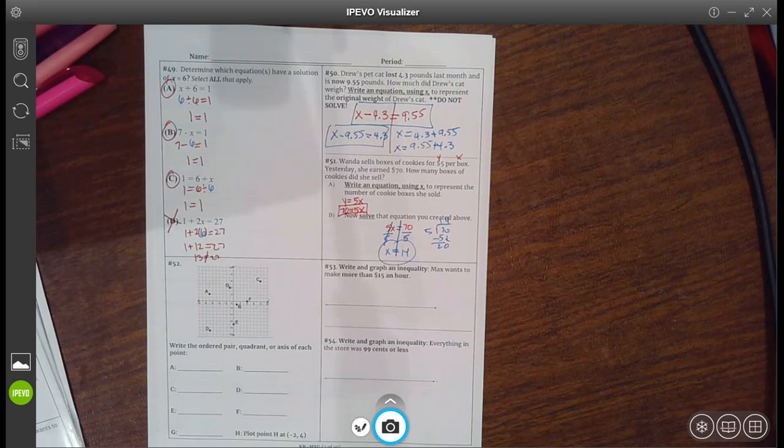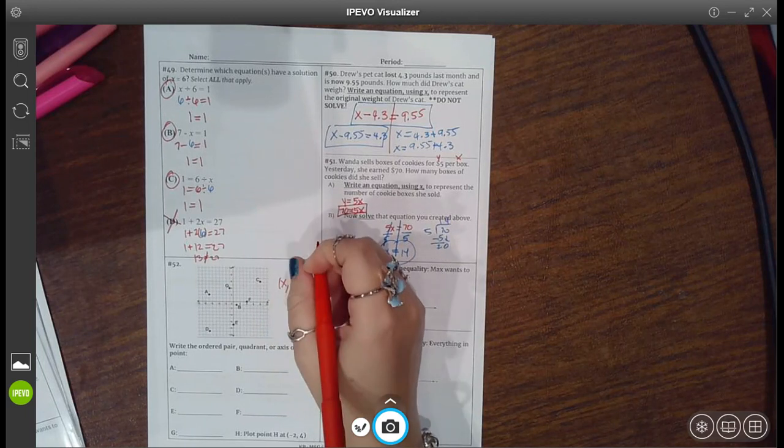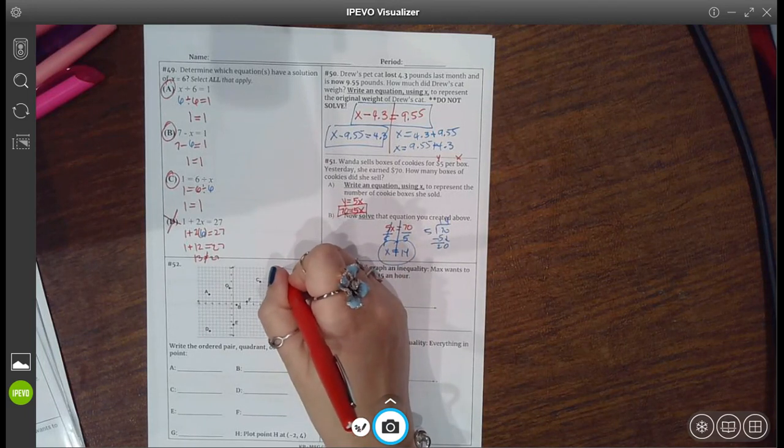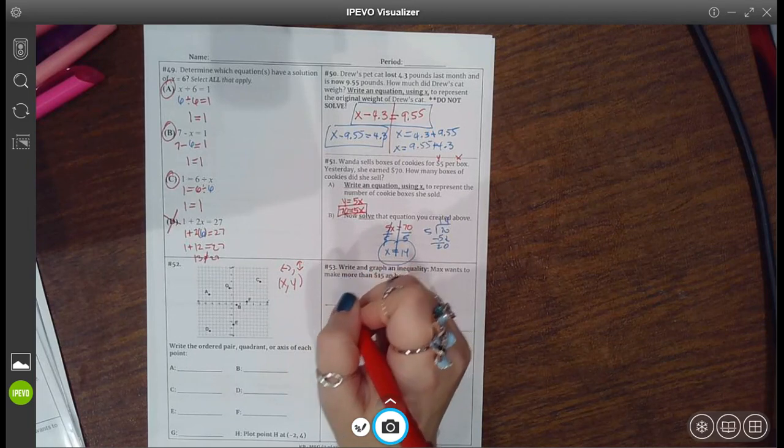Write the ordered pair, quadrant, or axis of each point. Okay. So for this one, remember x comma y: x is right if it's positive or left if it's negative, and y is up if it's positive or down if it's negative.